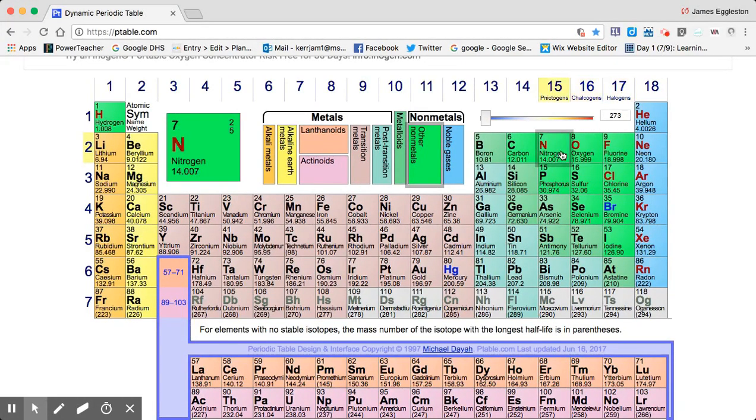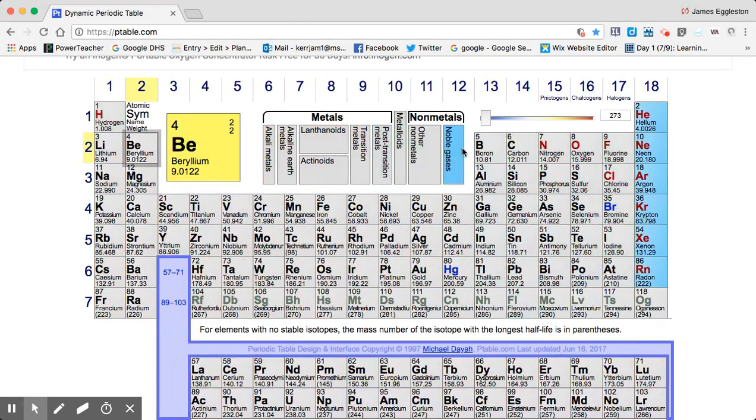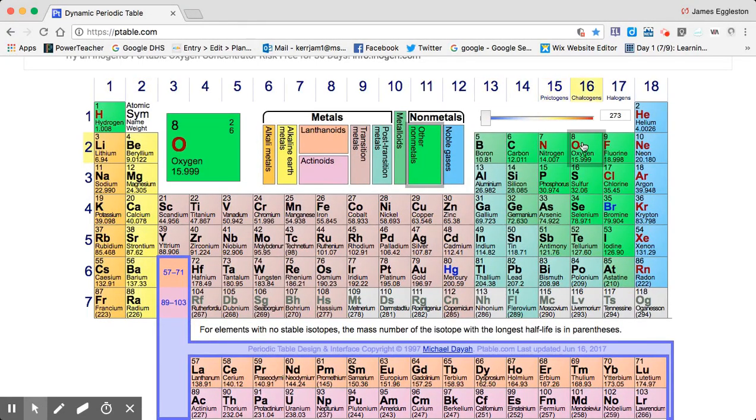What you should know as we go across the table and we look at these numbers, 3, 4, 5, 6, 7, 8, 9, and 10, is an increased number of protons. As we go across the table, every element has 1 more proton than the element before it.